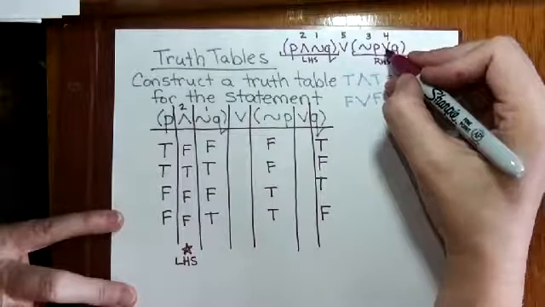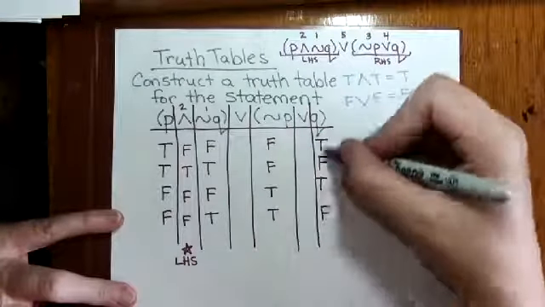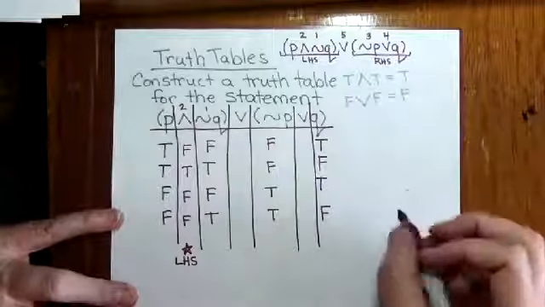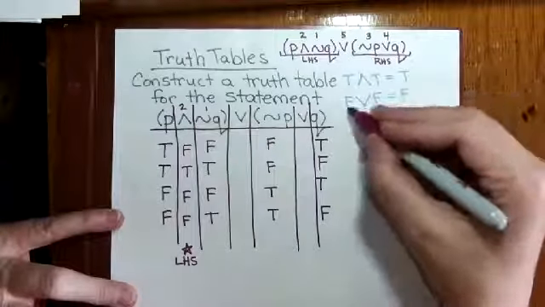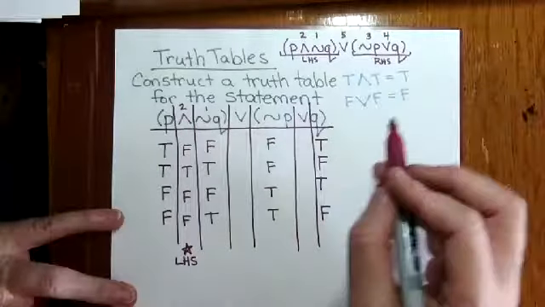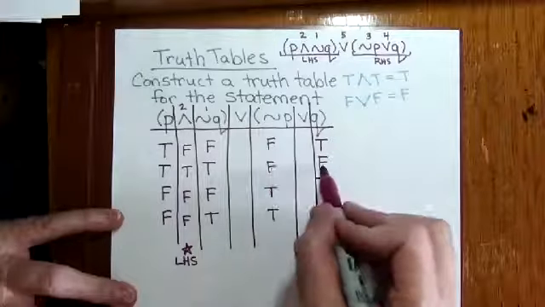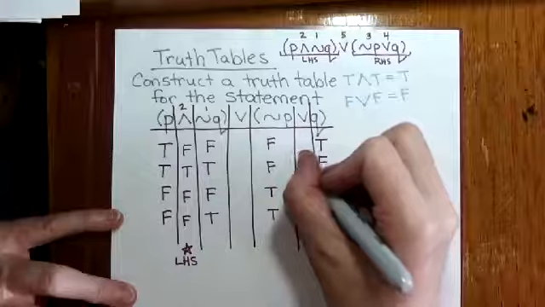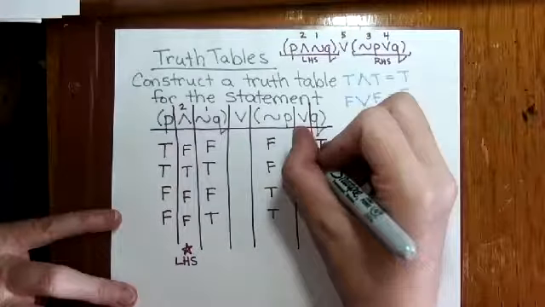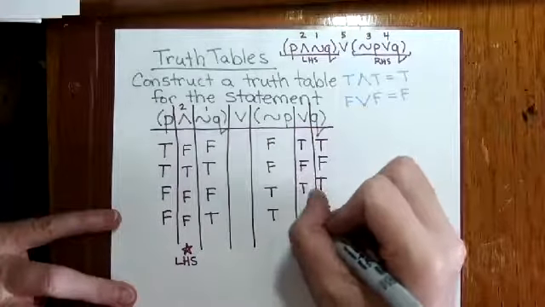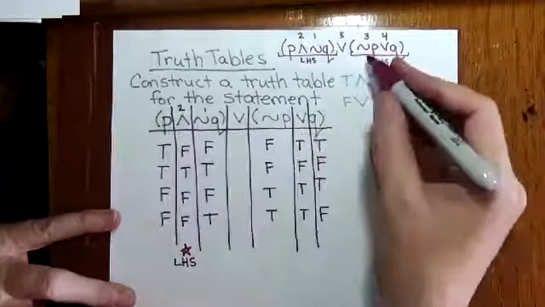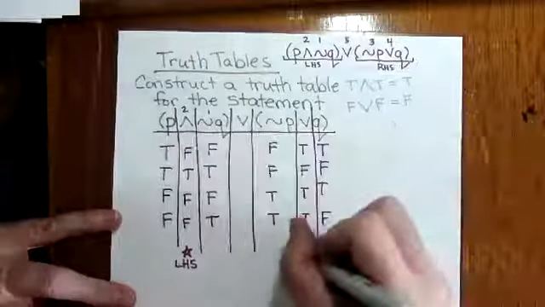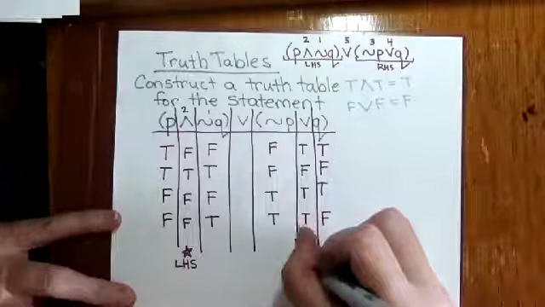Now we can OR our not P with our Q column. And OR is false if all components are false. We're just looking at these two here. We have false, false in the second row, otherwise true. And that's the end result of our second side.